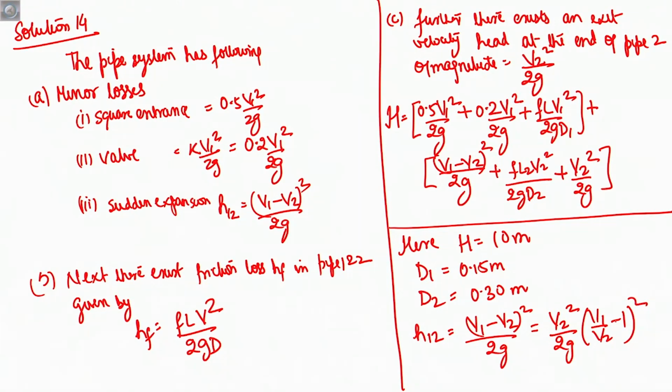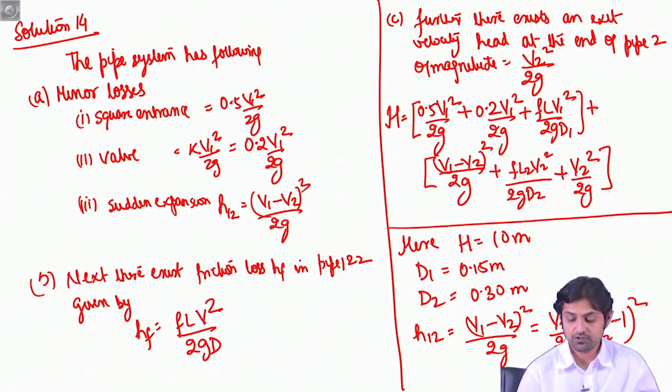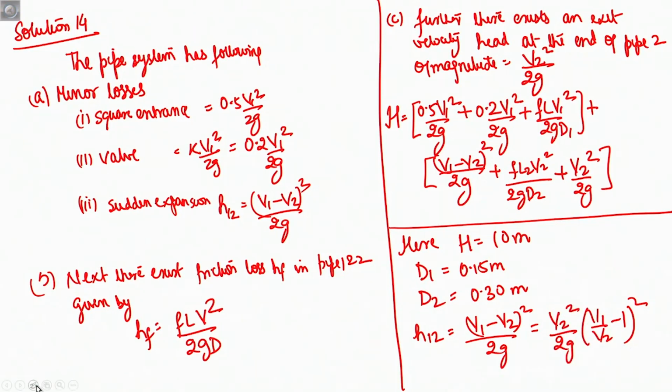Now there are two velocities, V1 and V2, and the easiest method to find V1 and V2 is the equation of continuity, and that is what we are going to do next.